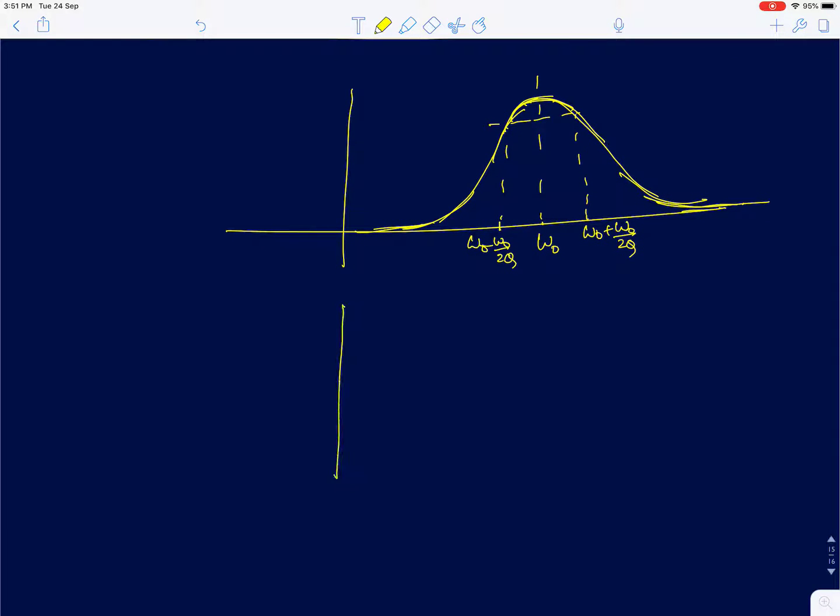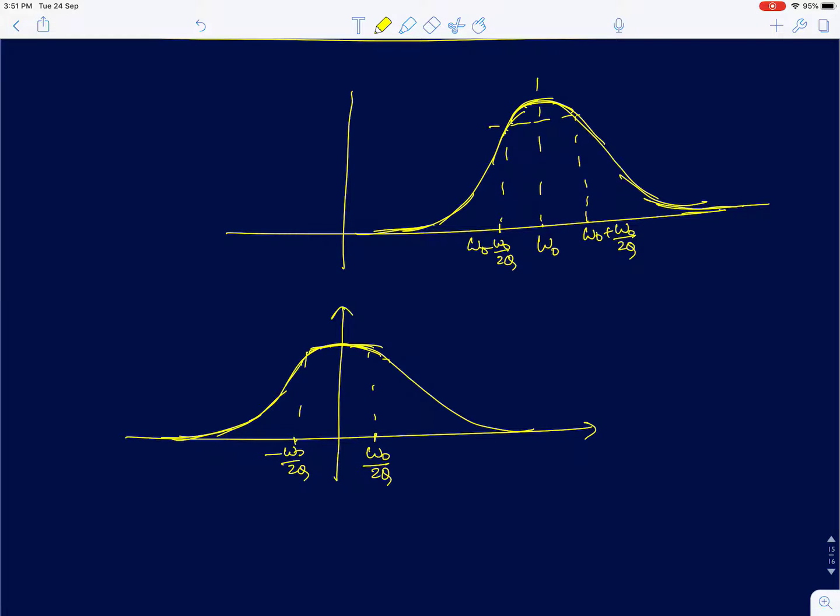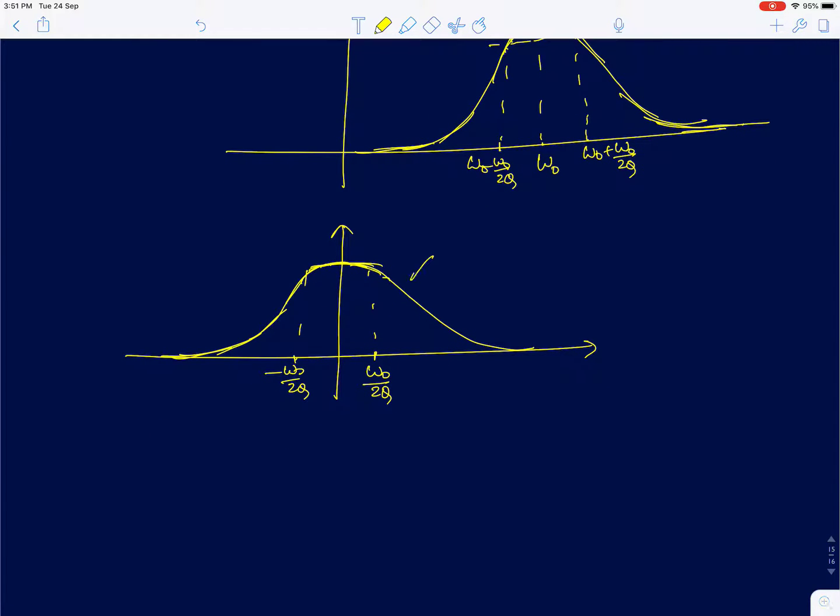Now I'll first consider a function for frequency response which is centered around the origin, but with the same bandwidth. It's from omega naught by 2Q to minus omega naught by 2Q. This is for both positive and negative frequencies. So I'll first consider this transfer function, and then if I frequency translate it by omega naught, I'm going to get this frequency response.